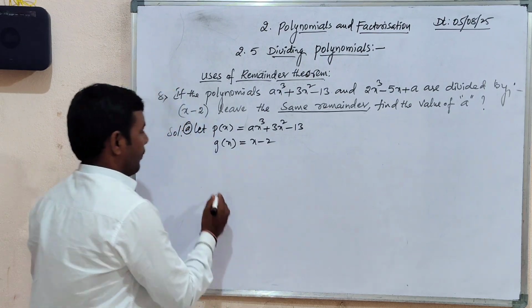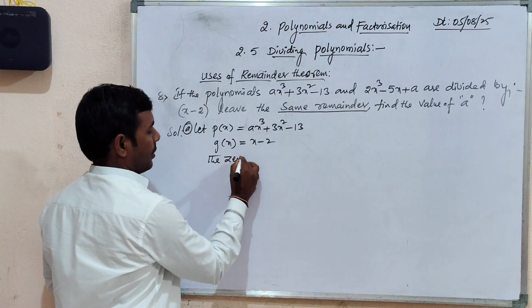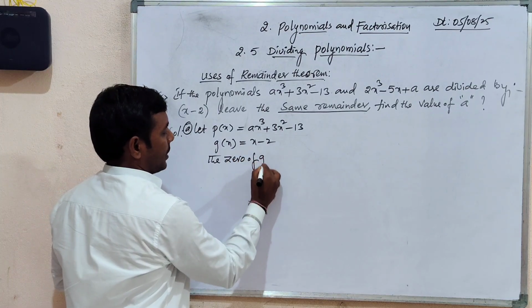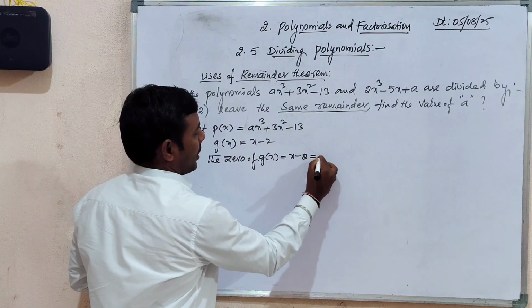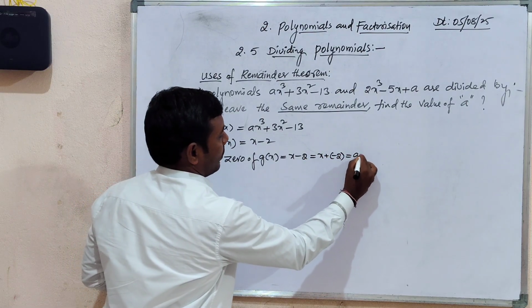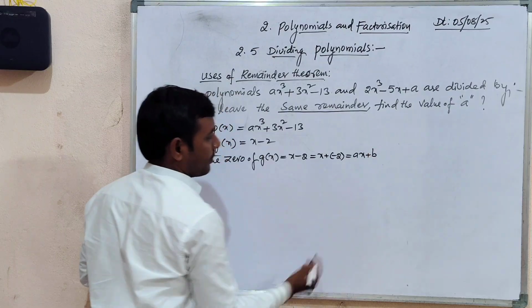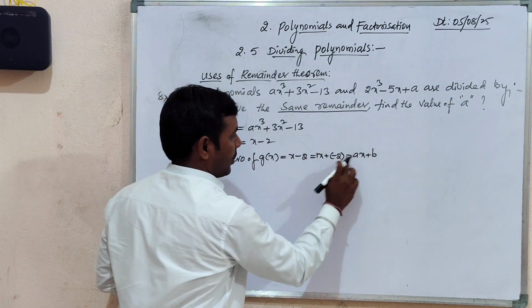Let us see. Before that, the zero of g of x, which is equal to x minus 2, can be written as x plus of minus 2, which is in the form of ax plus b. Here a value can be 1, b value can be minus 2.